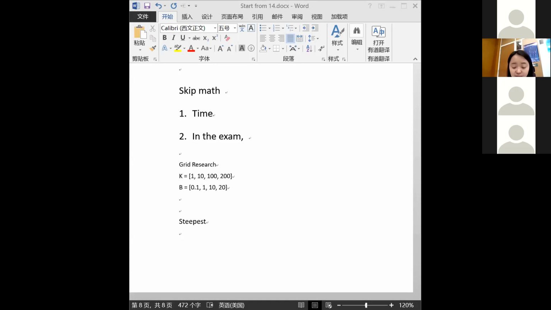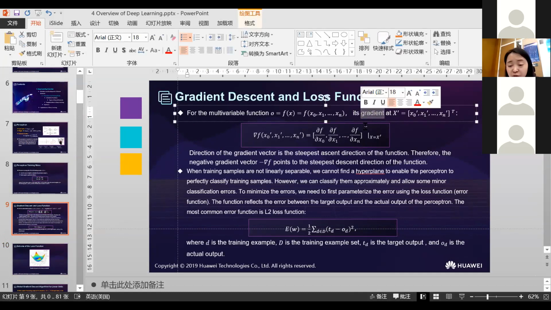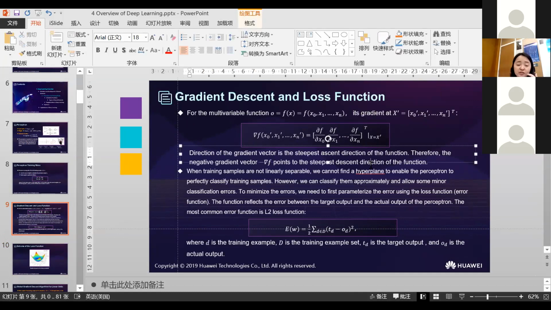And to explain it in mathematics, we will use the gradient. The gradient in mathematics means the steepest direction.